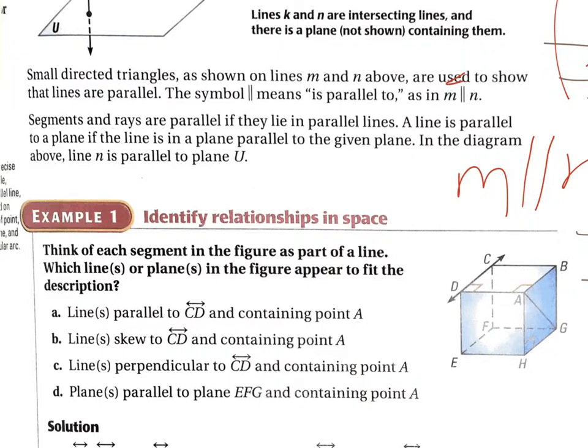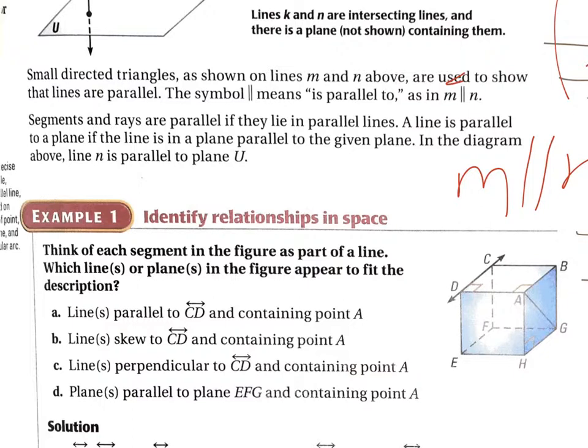For question A, we're trying to find the lines parallel to CD and containing point A. You can see there are actually three lines here that are parallel to CD, but only one of them contains point A, and that obviously is right here. That's AB.